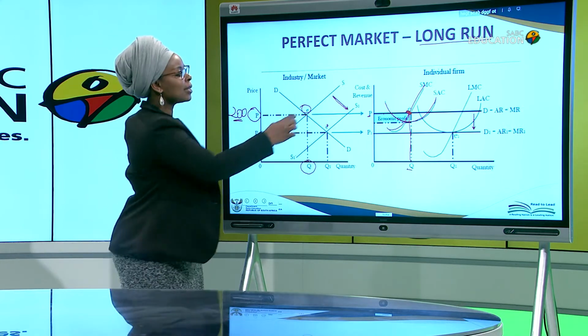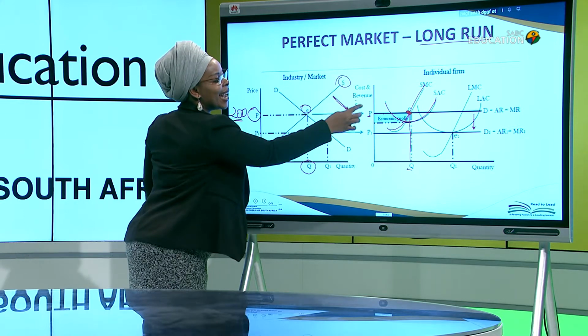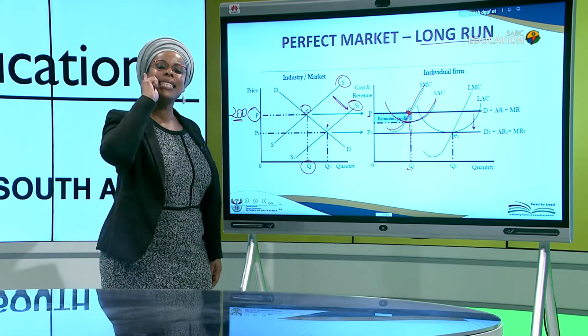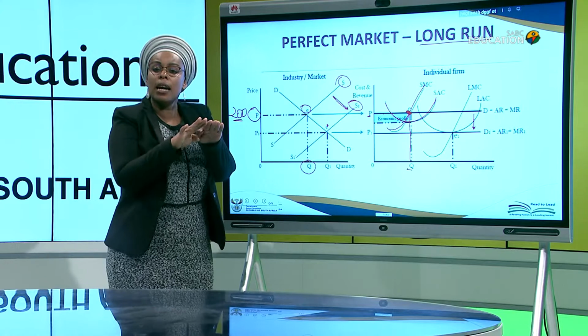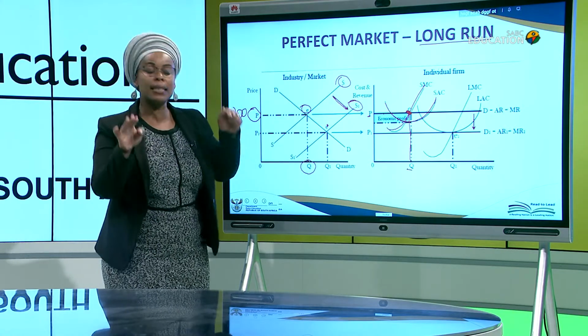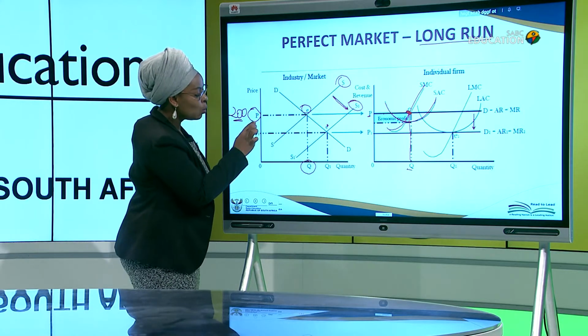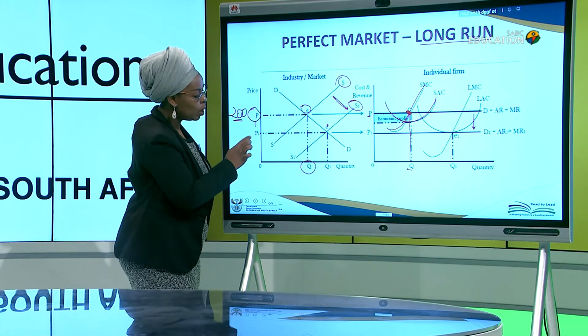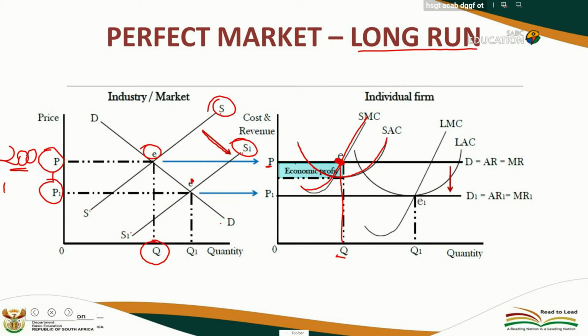Because only supply has changed, and demand remains constant, the price will be forced to go down to P1, or it will be 100.